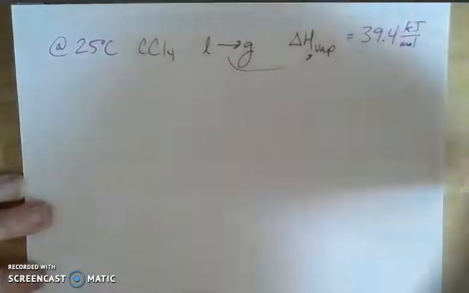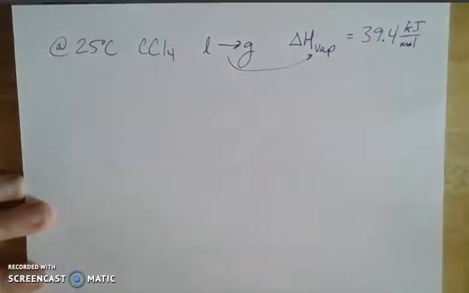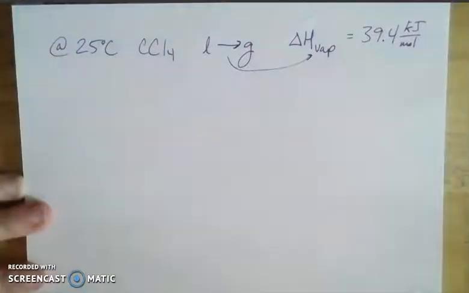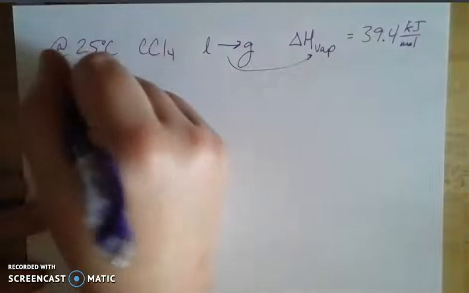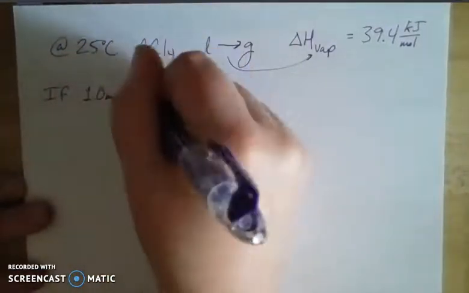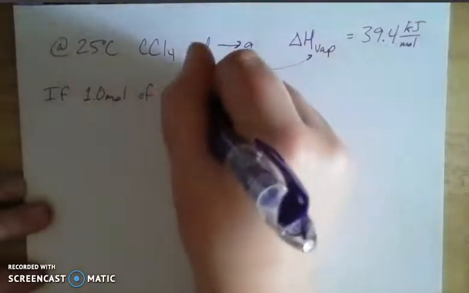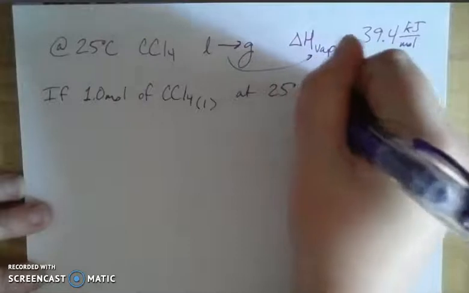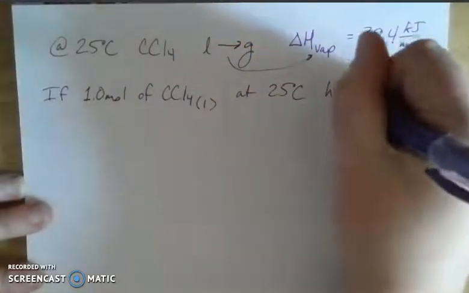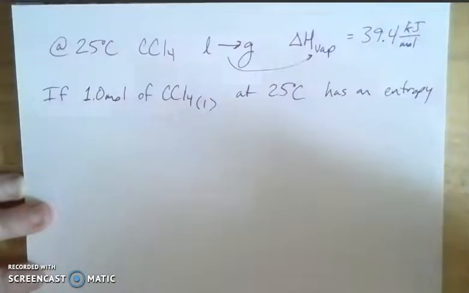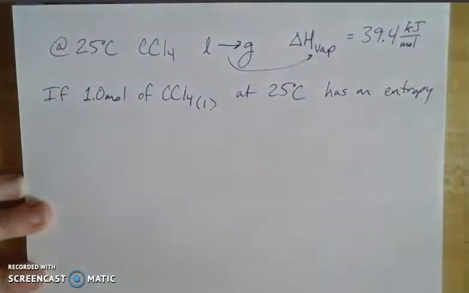So I went to the thermodynamic tables, and that's what I found, that in order to evaporate my carbon tetrachloride, that's the amount of energy it would require. So here's the problem. If I have 1 mole at 25 degrees Celsius, and I looked up the entropy, again, this is something you can look up in chemical tables.